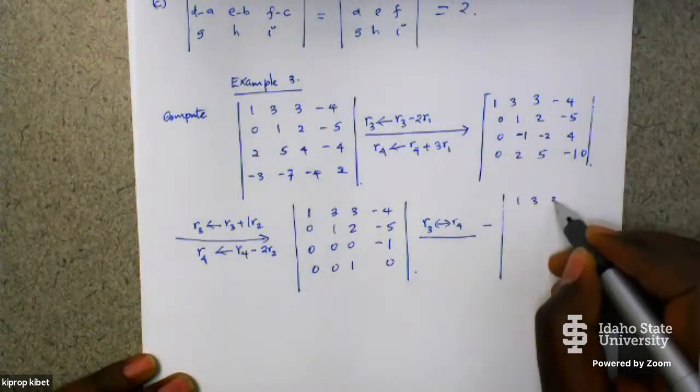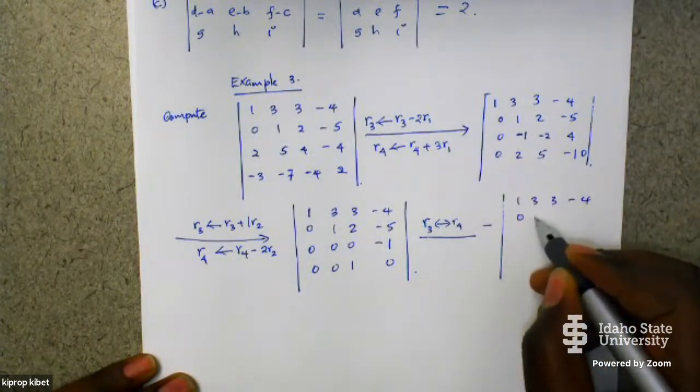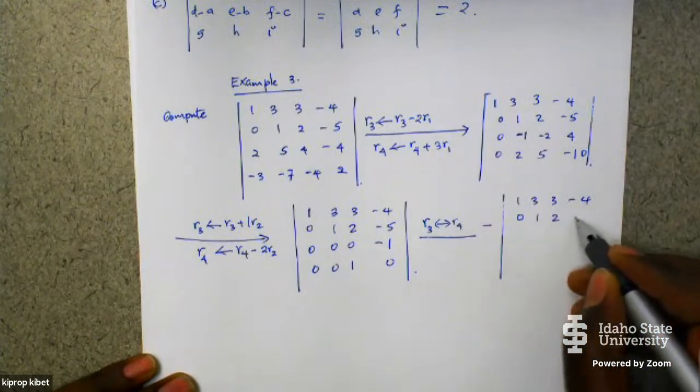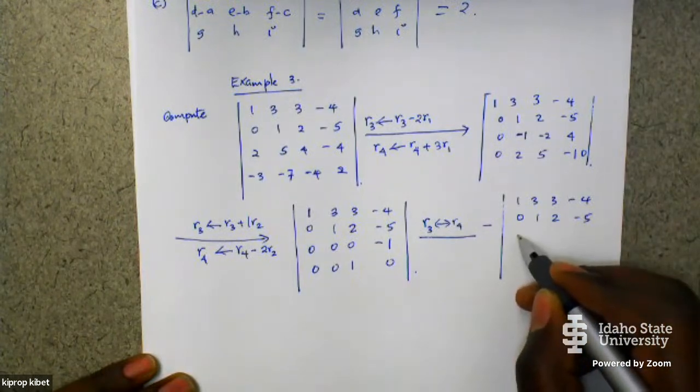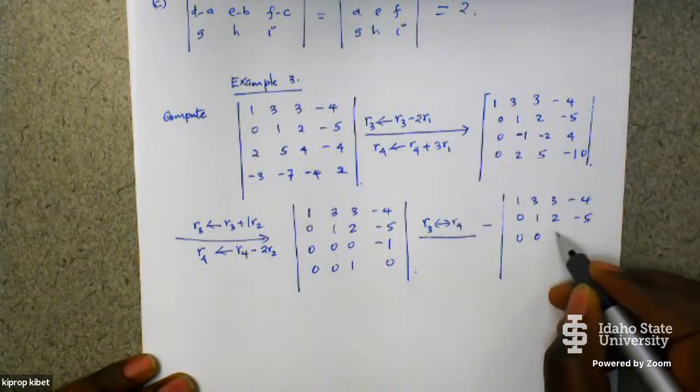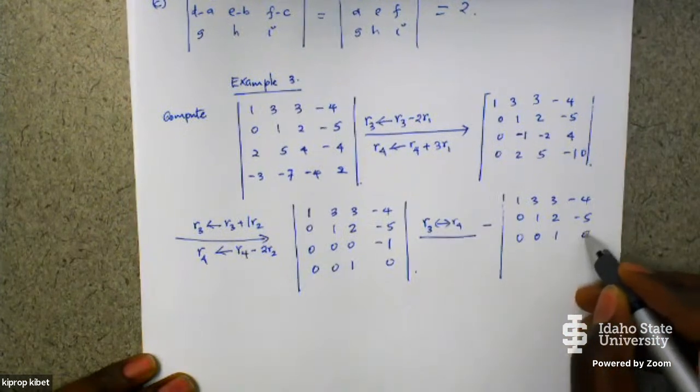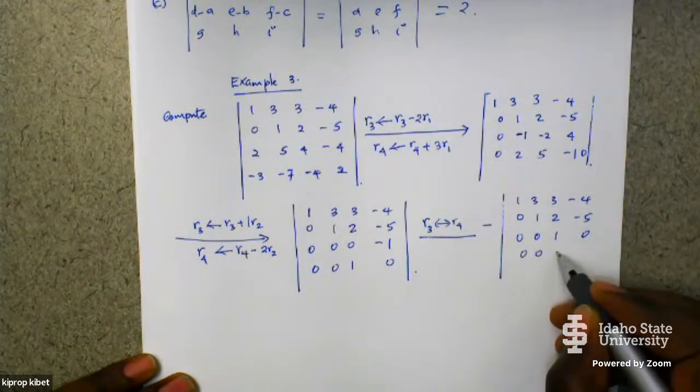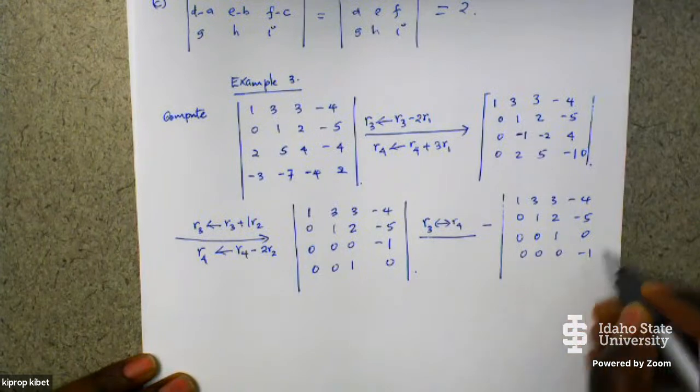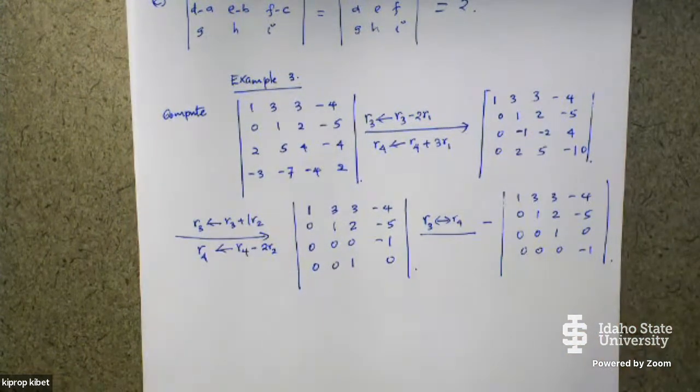So we have 1, 3, 3, -4, 0, 1, 2, -5, and then 0, 0, 1, 0, and 0, 0, 0, -1. So when you switch, since it is a determinant, you get the negative.